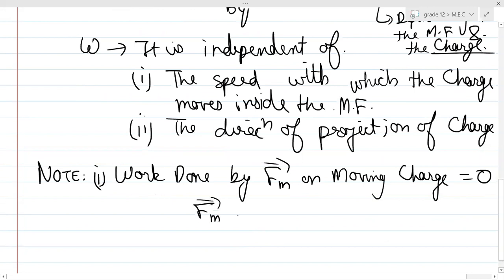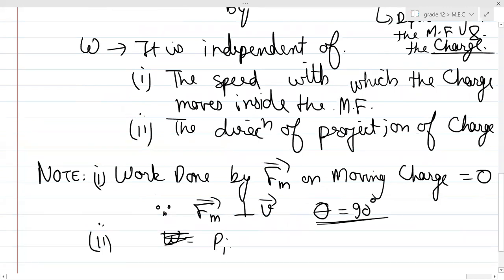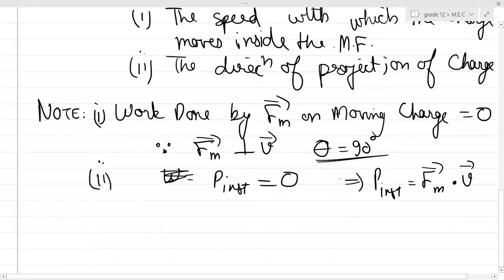Because Fm is perpendicular to velocity, so the angle is 90 degrees. So the work done becomes zero. Similarly, the instantaneous power is also zero, because instantaneous power is given by force dot velocity, and the angle between force and velocity is 90 degrees. So even the instantaneous power is zero.